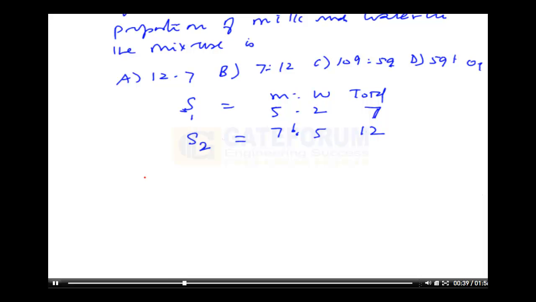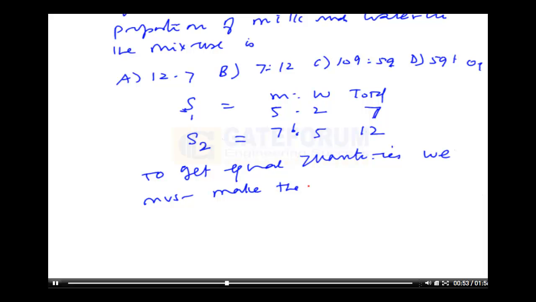We are looking for equal quantities. We must make the total parts equal. That will be the LCM of 7 and 12, which is 84.